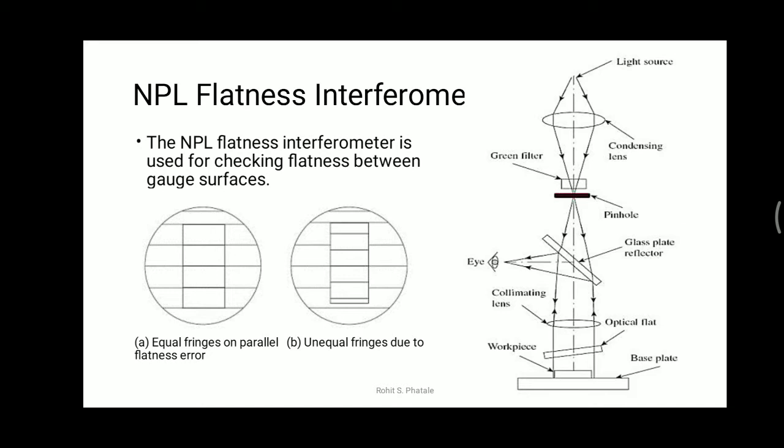Already in the previous video I told you what monochromatic light is. Monochromatic light is a specific light which has the same wavelength, or the same frequency, or in other words the same amplitude.